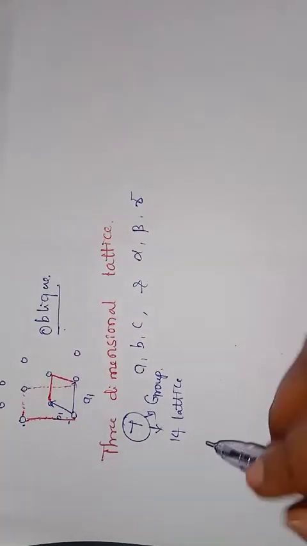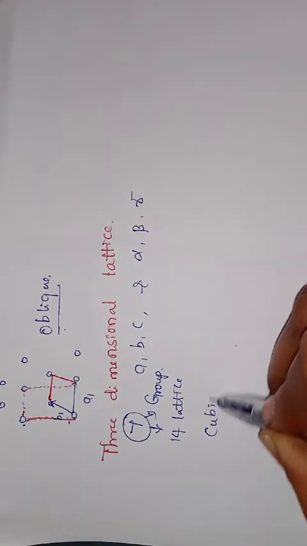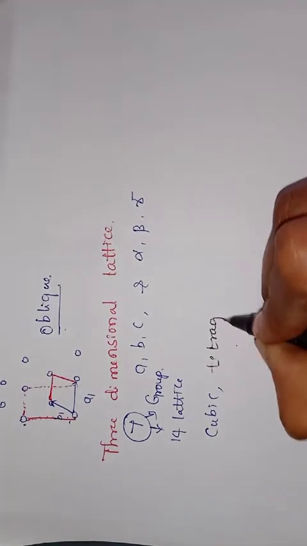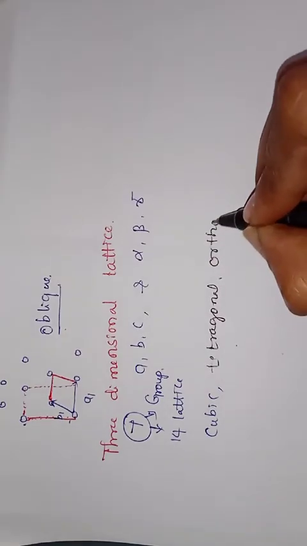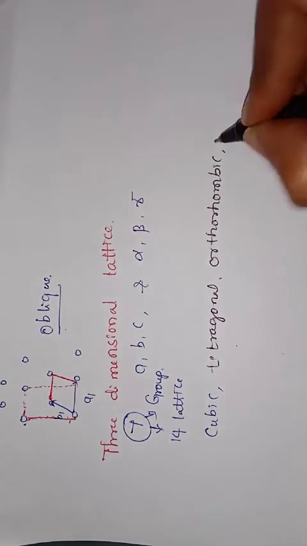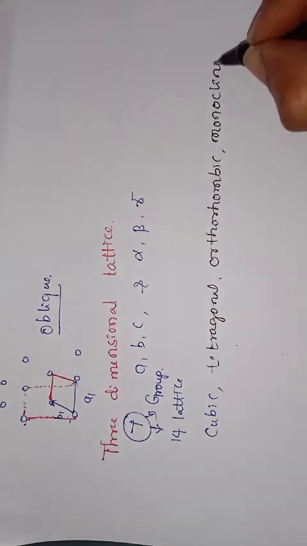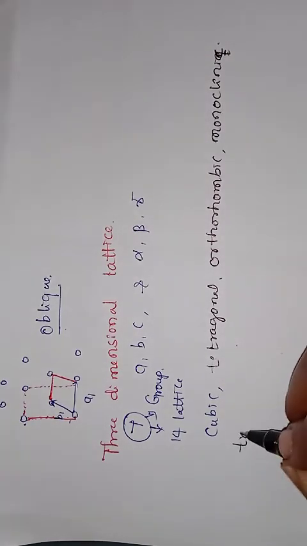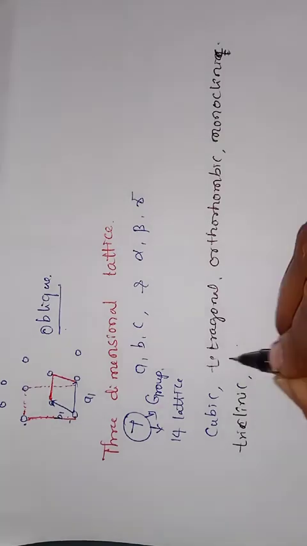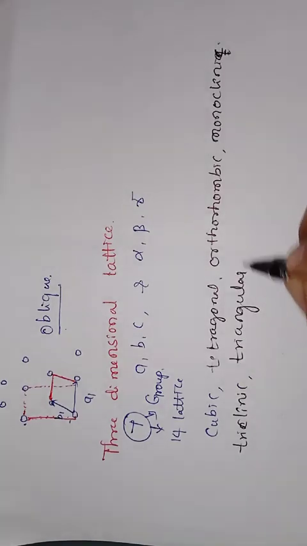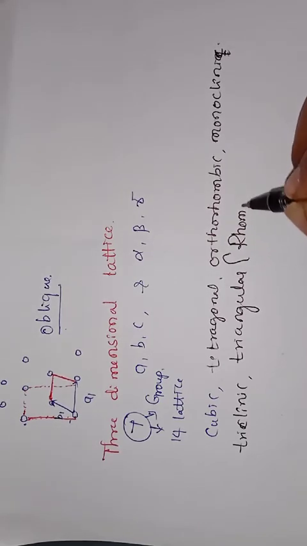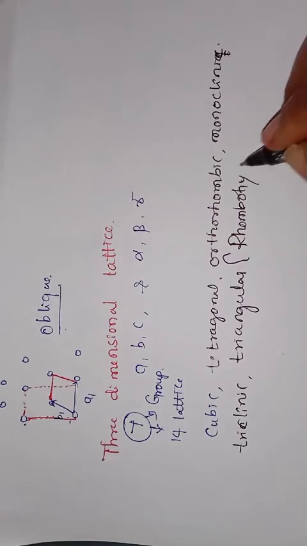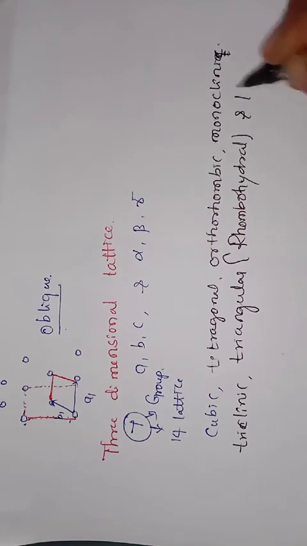Those 7 groups are named cubic, tetragonal, orthorhombic, monoclinic, triclinic, triangular, which we can also call rhombohedral, and the last one is hexagonal.